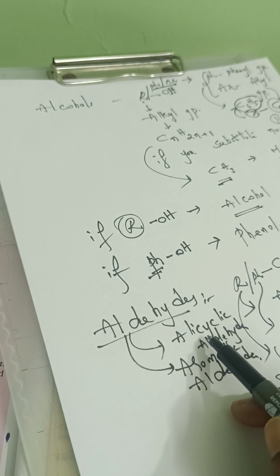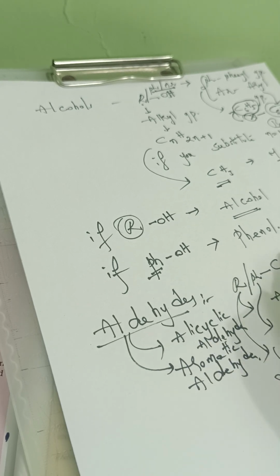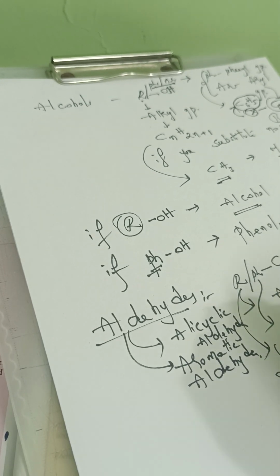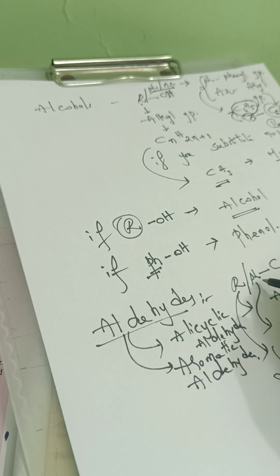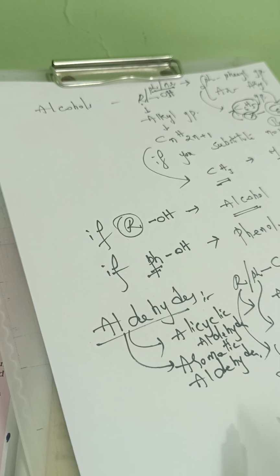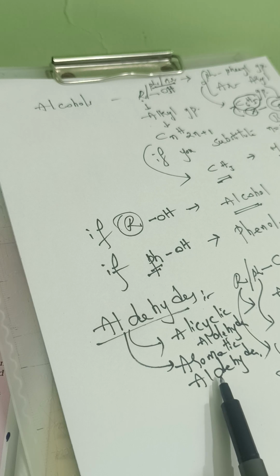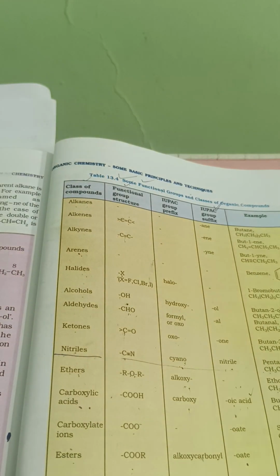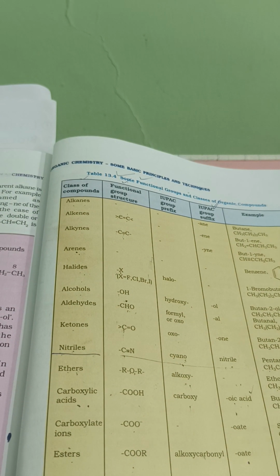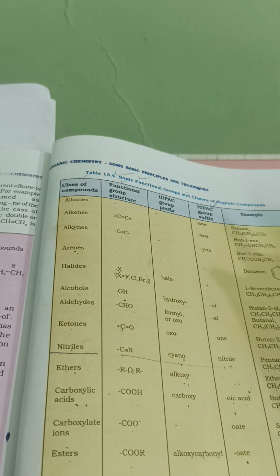Alicyclic is nothing but when there are alkyl groups in the formula. Aromatic aldehydes is nothing but when there is a benzene ring. Benzene structures will be there. So benzene rings will be there in the compound. Such aldehydes are called aromatic. You can see here different examples are also given. I'll solve each and every example.